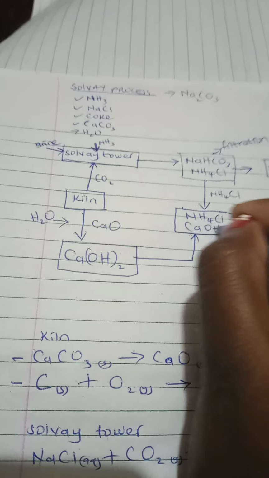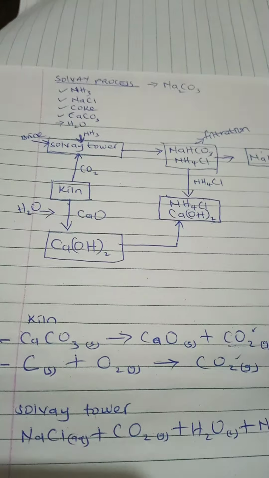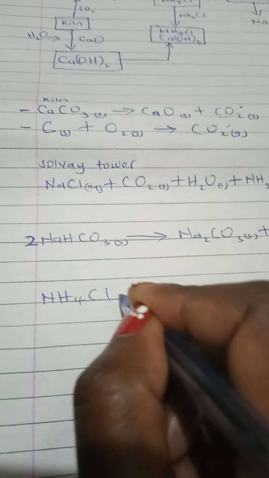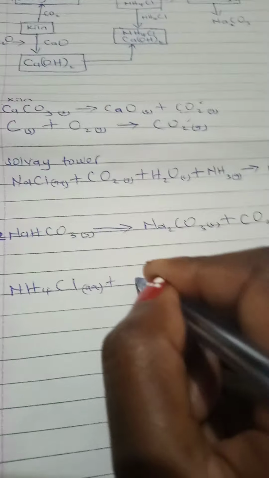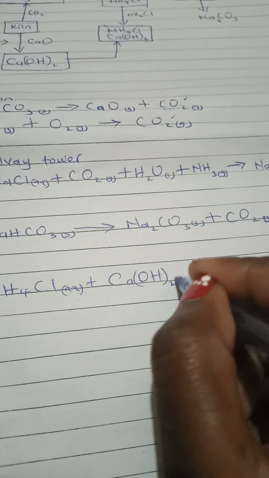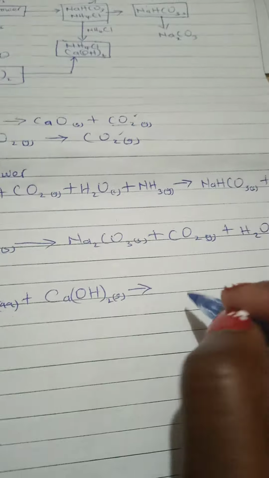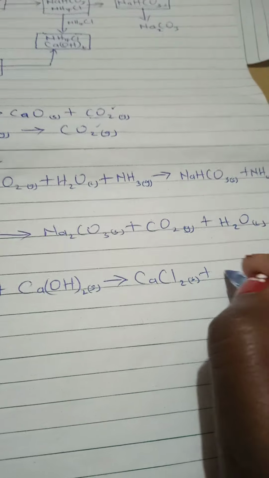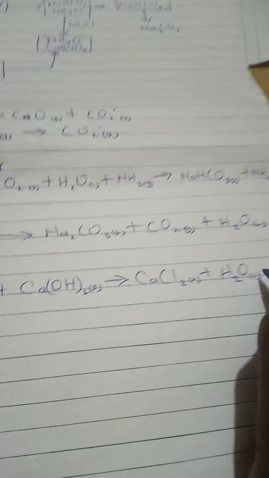So when the two react, let me write this equation there. The reaction of the ammonium chloride, we have the ammonium chloride, we have the calcium hydroxide. When they react, we get the calcium chloride. We have water. Water will also be recycled here in the process. And then we have the ammonia.